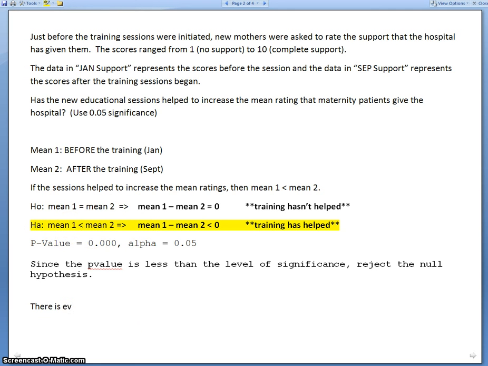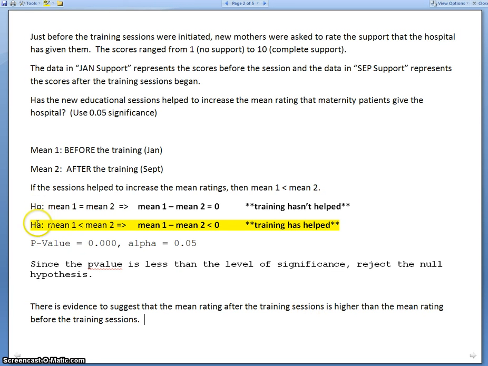So there is evidence to suggest that the mean rating after the training sessions is higher than the mean rating before the training sessions.